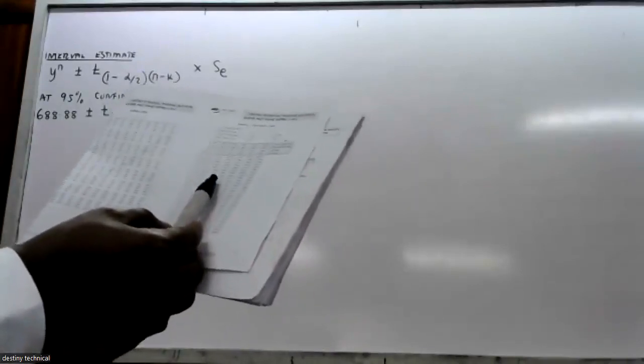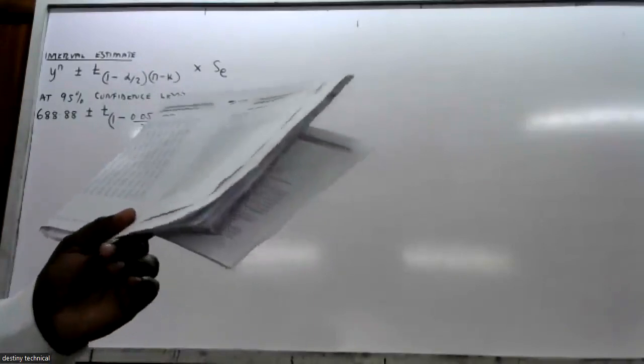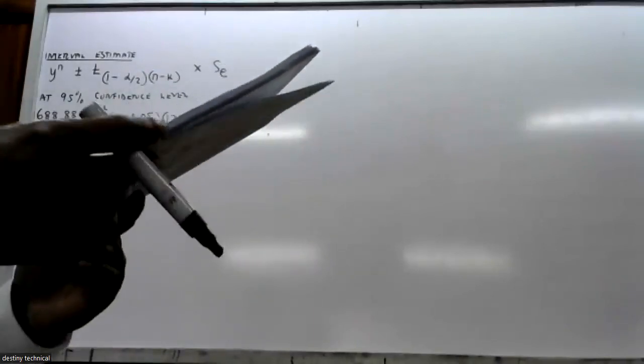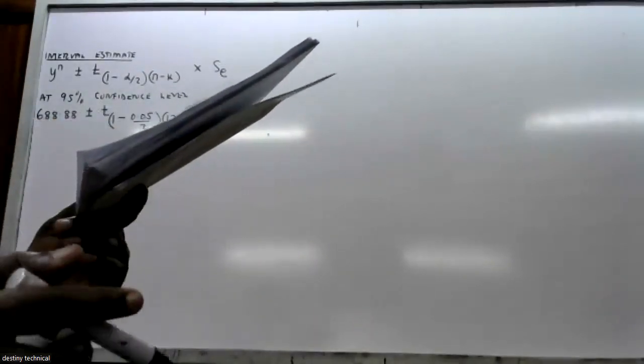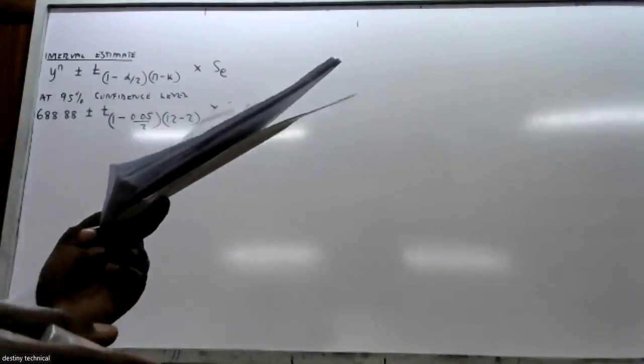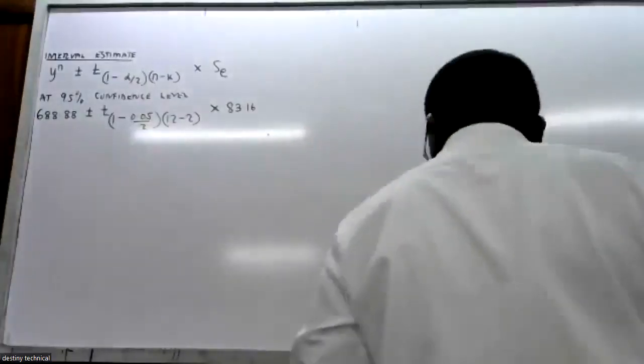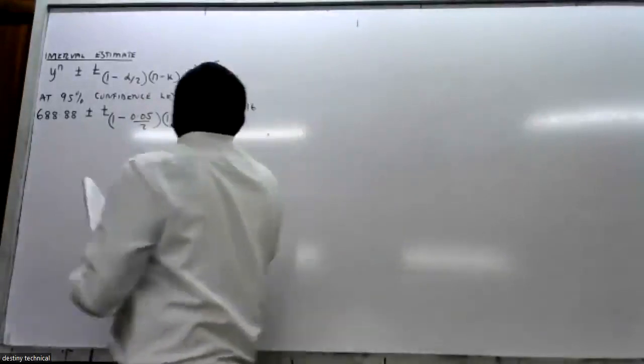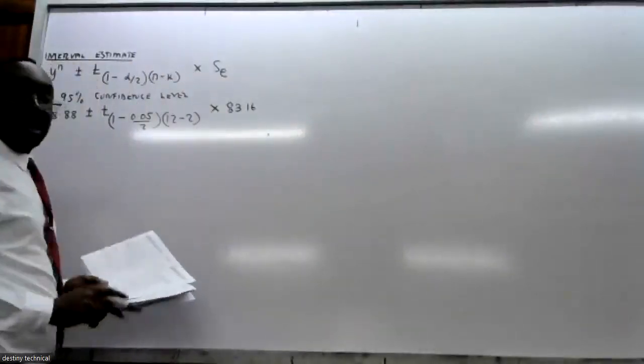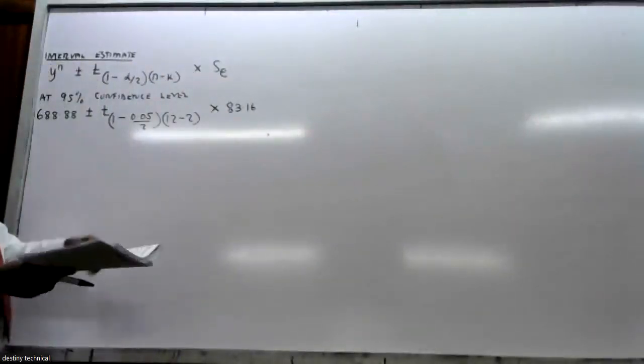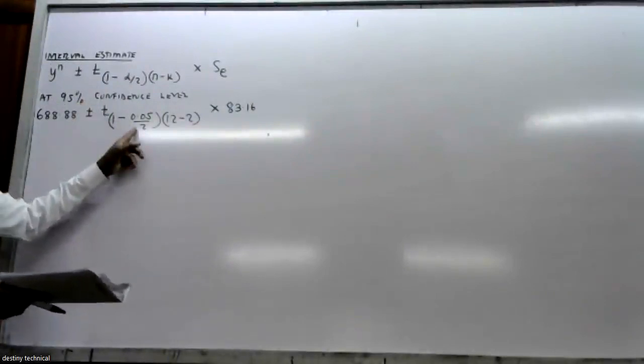So read what you can see there. 2.2281. Good. Now that 10 is this one: 12 minus 2 is 10. Then the 95 is this one, which is also here.